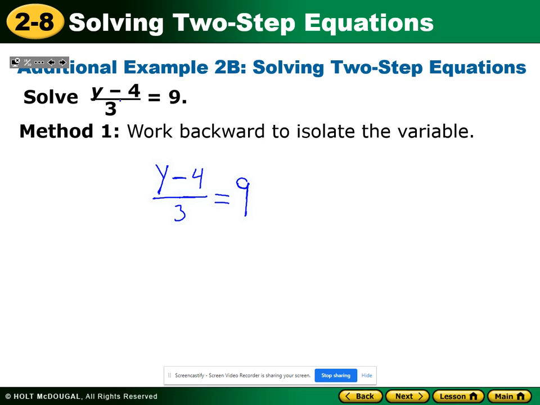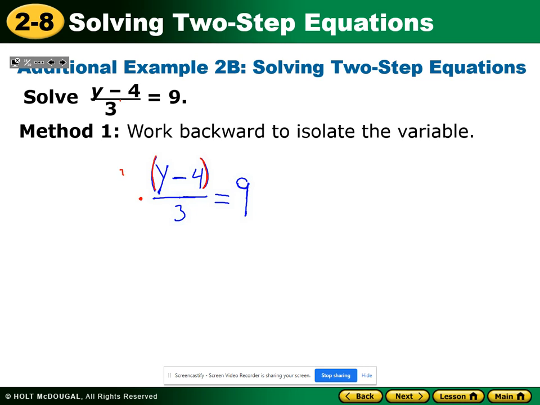It's kind of like they're saying there's a parentheses around y minus 4, because you have to subtract before you divide by 3. So we got to get rid of the division first. These are the ones I expect to have questions on because it's not just work backwards.